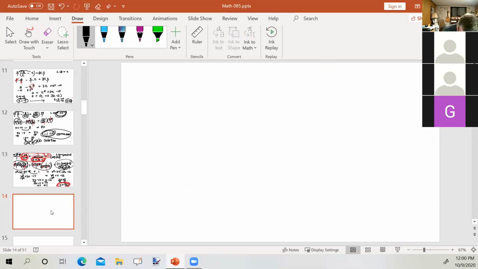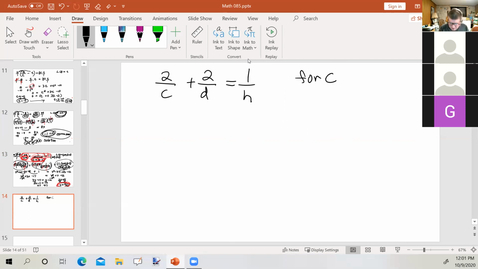Here we have 2 divided by C plus 2 divided by D equals 1 divided by H. The directions say solve each formula for the specified variable. And for this particular problem, we are to solve for C.